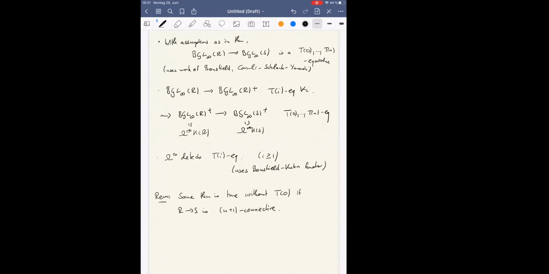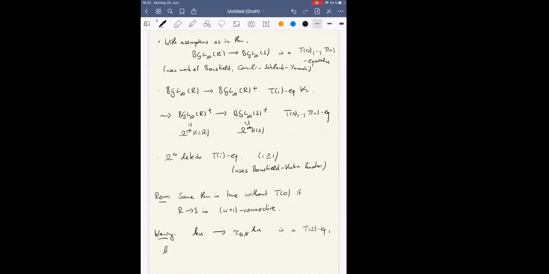Okay, and I said we need T0 to Tn for the proof, but I should say, warning, it is not true otherwise. If we have Ku to some truncation of Ku, this is a T2 equivalence, as both sides are T2 acyclic, as you can show.